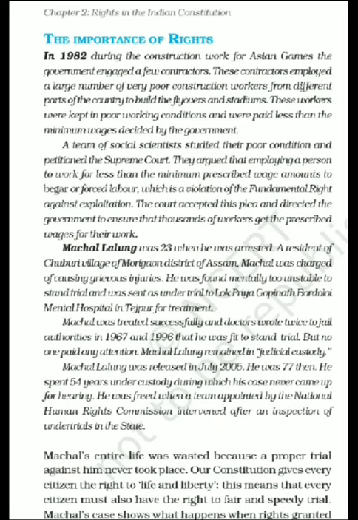Now his entire life was wasted in this example, if we observe. Why? Because a proper trial against him never took place.